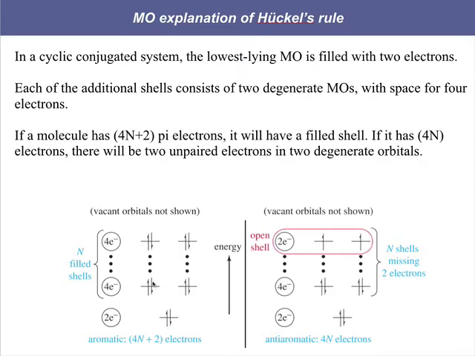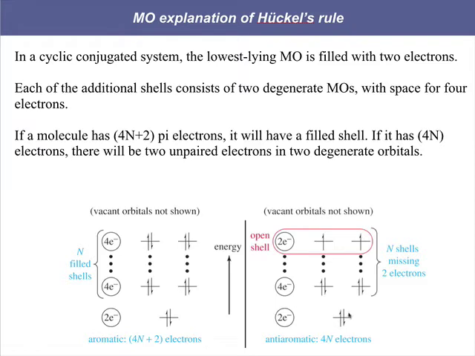We're going to add another 4 electrons for every level of these degenerate orbitals, n number of filled levels. But if instead of 4n plus 2, we have 4n, the electrons that we're going to take away from our diagram are going to be the 2 electrons at the highest level.